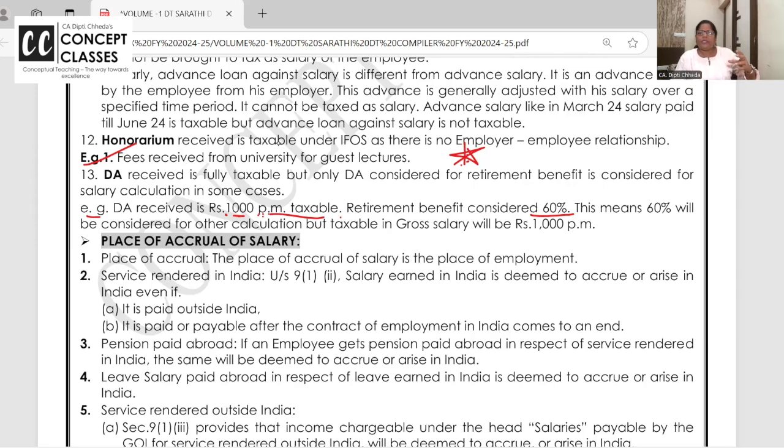The 60% will be taken for all definitions of salary, for HRA, all. I hope you are getting it. DA, whatever is received by the employee from the employer, is fully taxable. But if they say 1,000 received and in brackets 60% considered for retirement benefit, take only 600 per month for the definition of salary. I have given all the definitions of salary and all the retirement benefits in a wonderful table ahead.